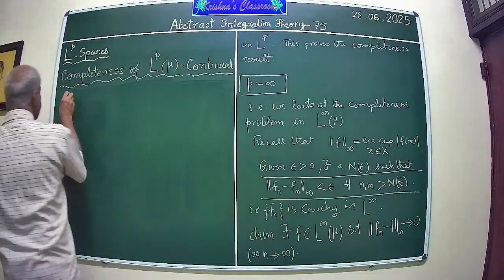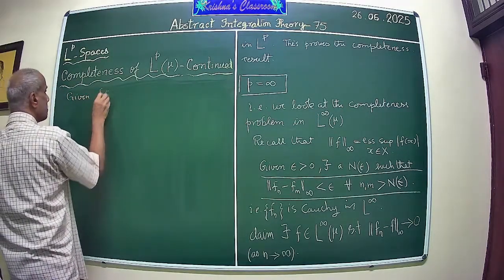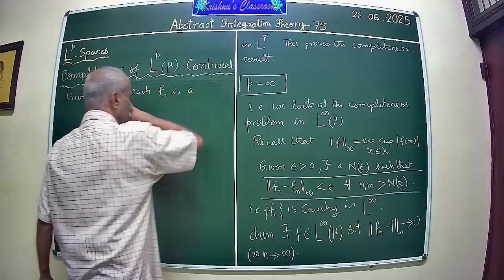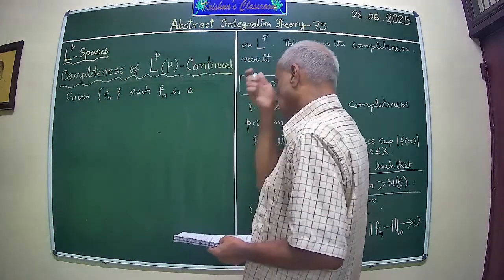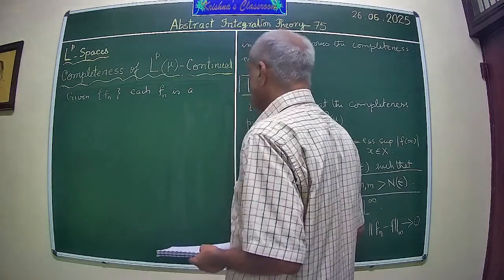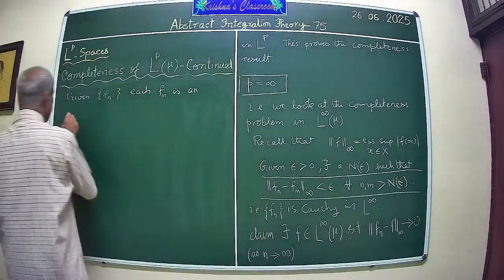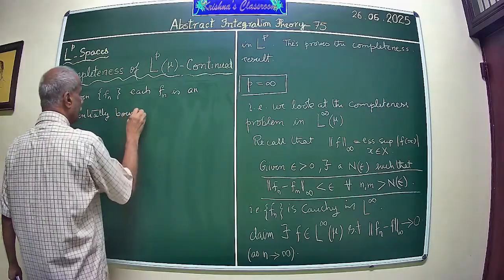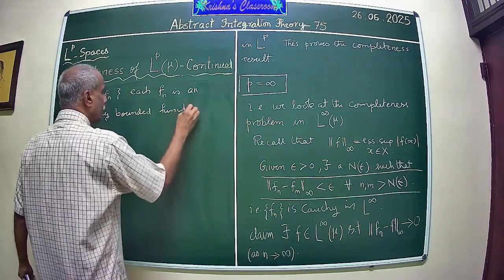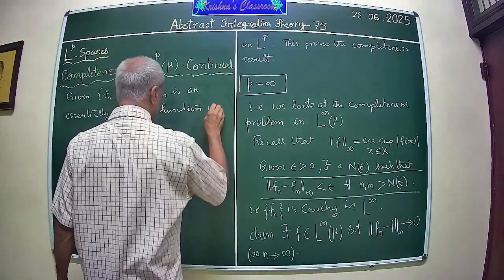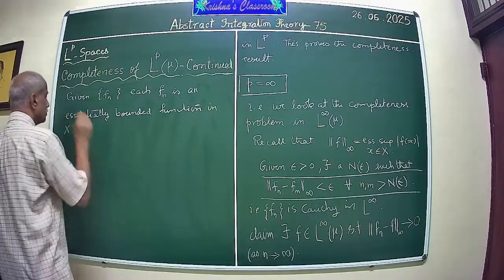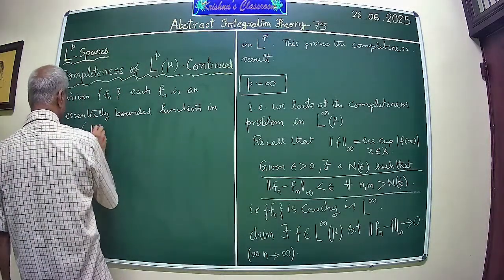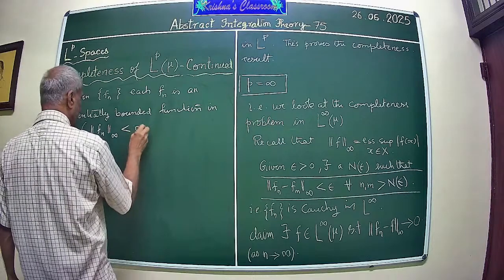Now given Fn, essentially bounded, that is because of this property.